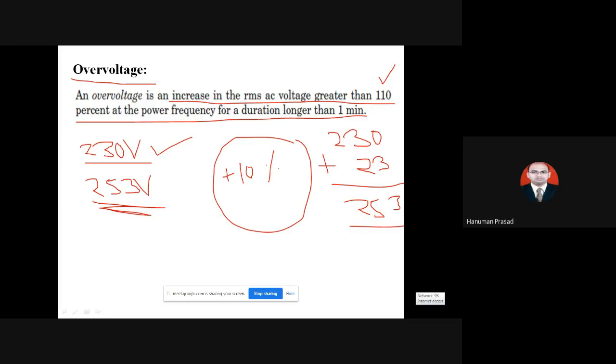For the industrial application, it may be 400 volt, 33 kV, 66 kV, depending upon our applications. So if the nominal voltage is 400 volt and you are getting 110% voltage, that means this is over voltage.